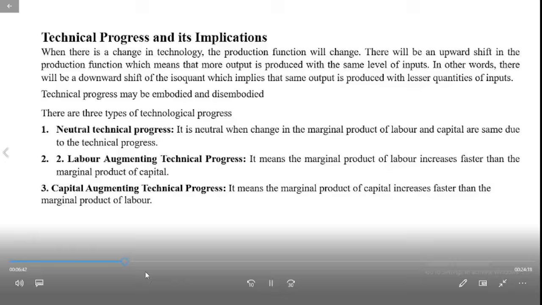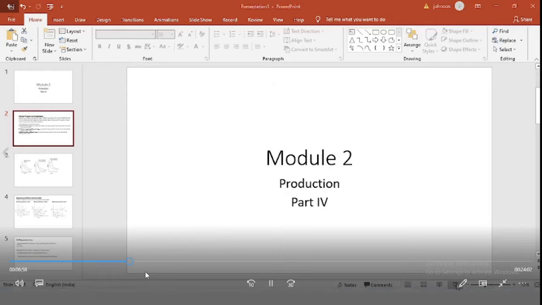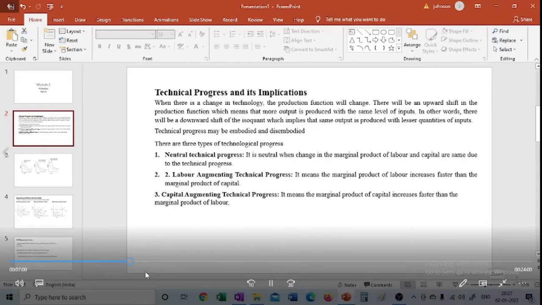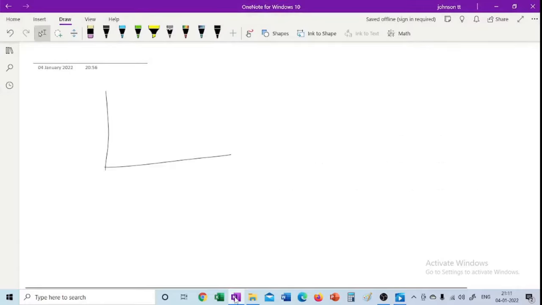Here also the marginal product of labor and capital increases, but the increase in the marginal product of capital is at a faster rate when compared to the increase in marginal product of labor. So how we can represent these three: neutral technical progress, labor augmenting technical progress, and capital augmenting technical progress with the help of isoquants.